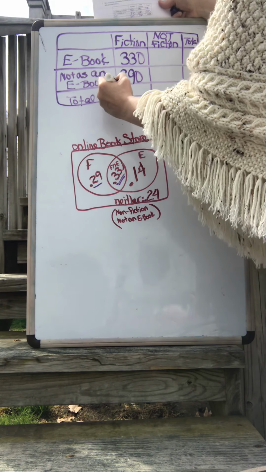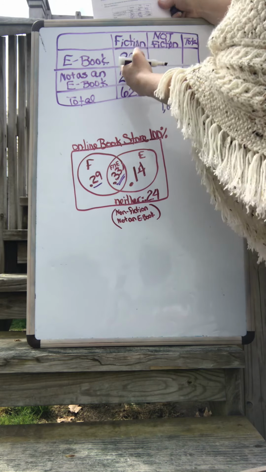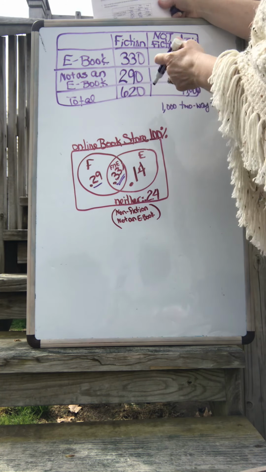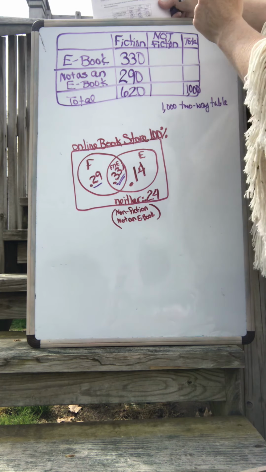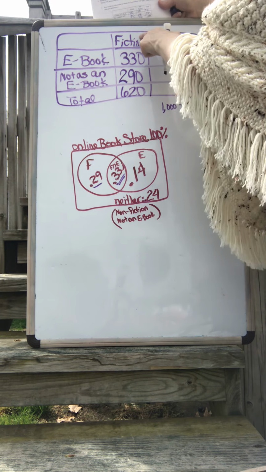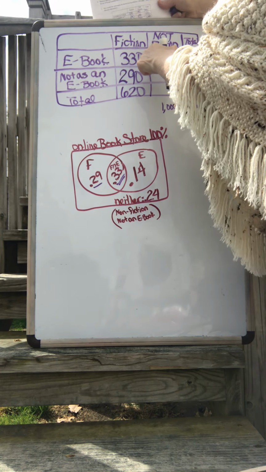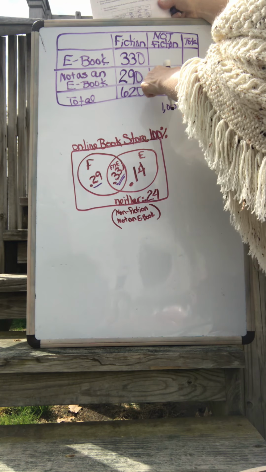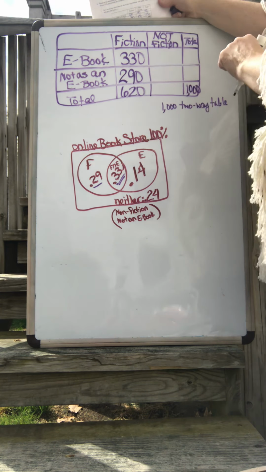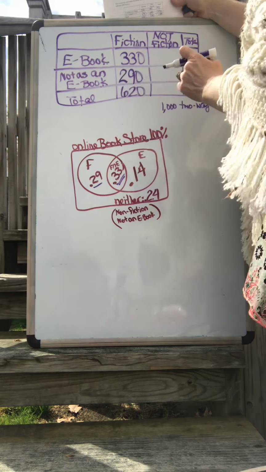And this adds up to 620 works of fiction and either an ebook or not an ebook, which goes back to our original problem where it says 62% are works of fiction. So my total fiction is 62%, 33% were available as an ebook, and 29% were fiction only. So that is how that breaks down. These two added up make that.